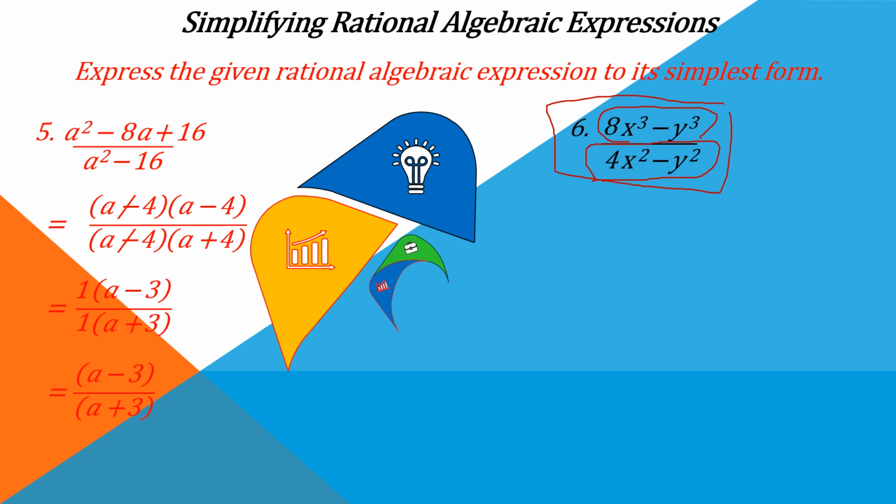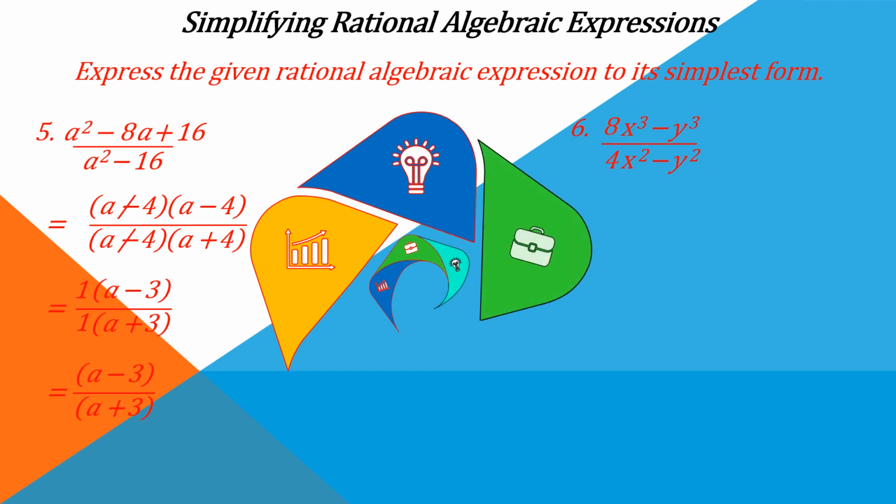First, let us factor the numerator, which is a difference of cubes. So we will take the cube root of the first term and the cube root of the second term and adapt the sign. The cube root of 8x cubed is 2x, and the cube root of y cubed is y, and adapting the sign of y, we have the quantity 2x minus y.